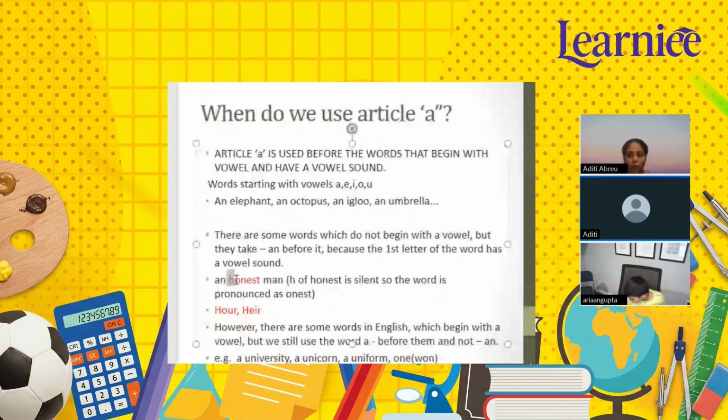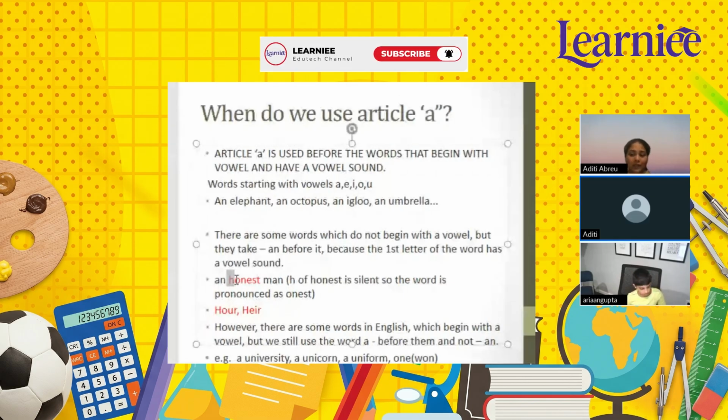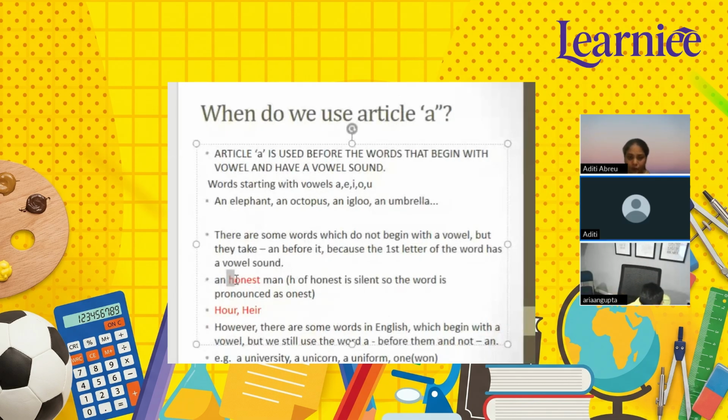Though the word starts with H, we are saying the sound of O. Then an hour, because the word starts with H, but we are saying the sound of O. Then an heir. So all these words where the H is silent, you will use an before it. Is this part clear?